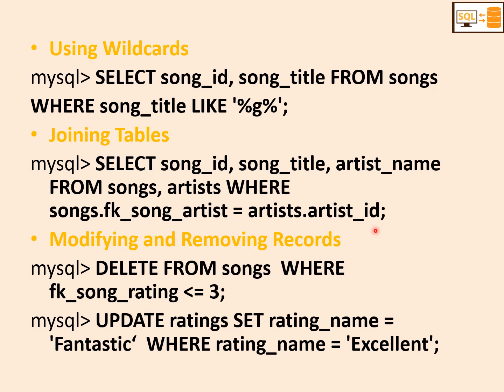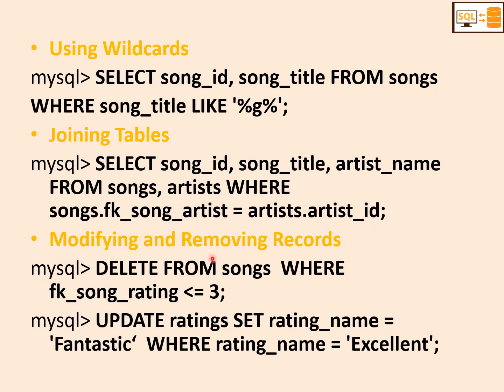So we check the records in the songs table as well as the artist table, and if there are matching records in the fields fk_song_artist and artist_id, such data will be extracted, and from that extracted data we display song ID, song title and artist name.